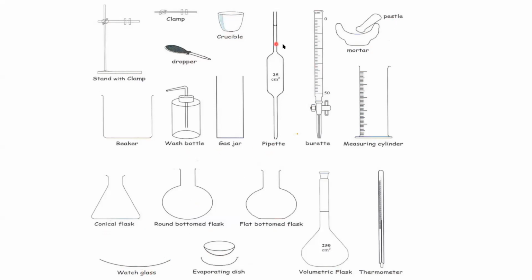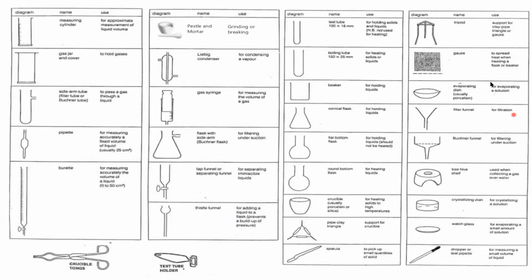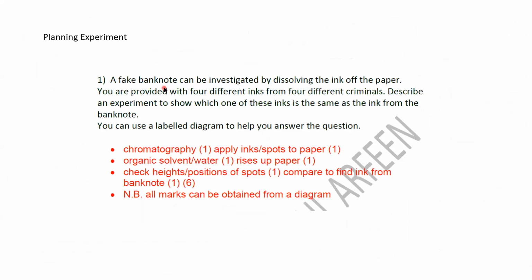So these are the common lab apparatus. You should learn the name of each apparatus and the purpose. I shared this slide. The use is also given, so you can read the use. In the exam, they don't normally ask what is the use of that, but it's for your understanding. You can go through the use as well.